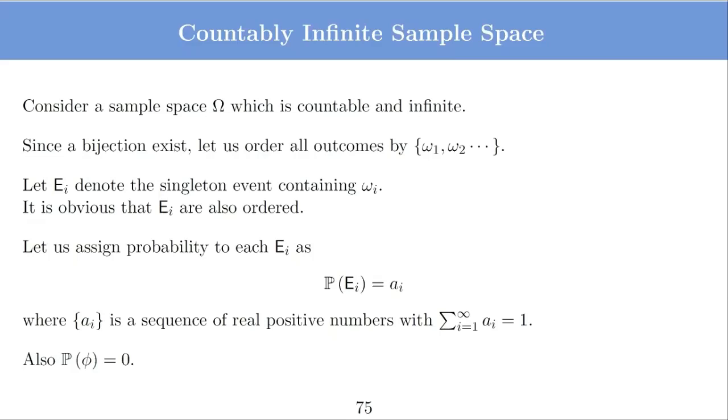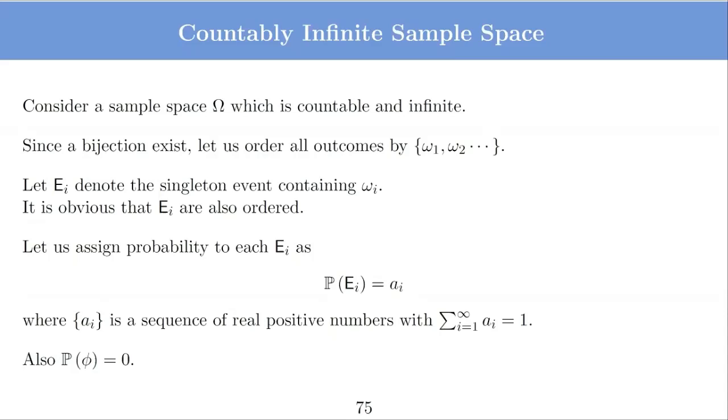Similarly, we can also define the Ei's, which are singleton events containing omega i. And because the omega i's are ordered, the Ei's are also ordered. Once we have this ordering, we can assign probability to these Ei's. This countability and ordering gives us a nice property that you can take elements one by one and assign the probabilities to them.